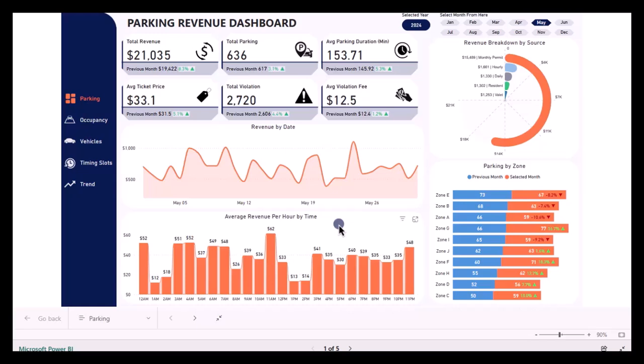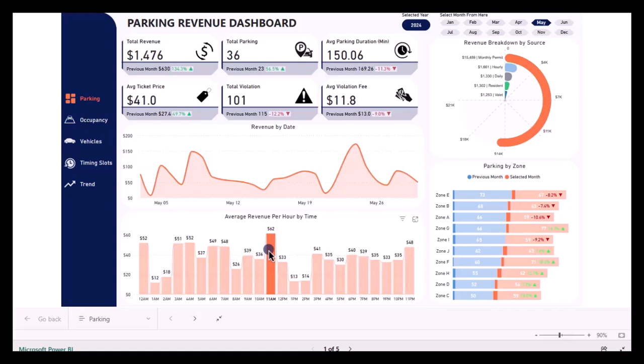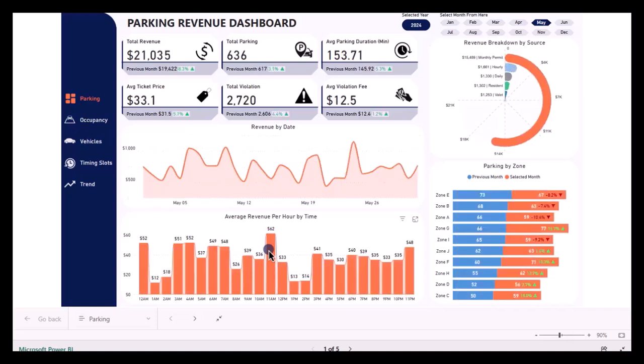After that, we have the average revenue per hour by time. It is a bar chart, and this can be a game changer for you. It shows you what times of the day generate the most revenue. For instance, revenue peaks at 11 a.m., hitting $62.